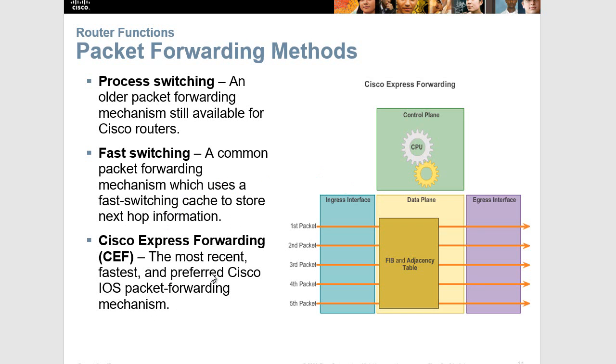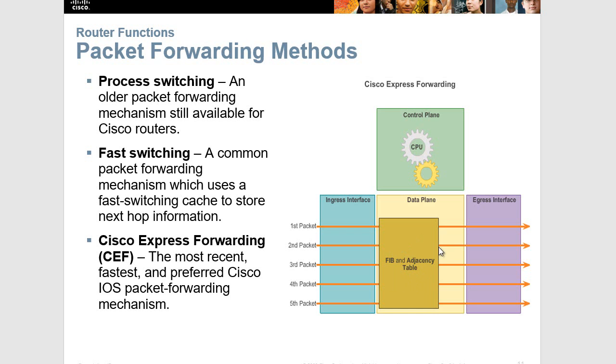The last one, the most recent and fastest and preferred Cisco packet forwarding method is Cisco Express Forwarding. So as it says, this is the fastest of the forwarding techniques, and you have this FIB and adjacency table that's responsible for that. The FIB stands for Forwarding Information Base, and basically it contains information for all of the next hops on your network. So basically all the possible destinations for a packet to go eventually, once it learns all that information.